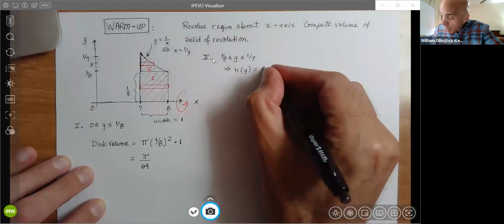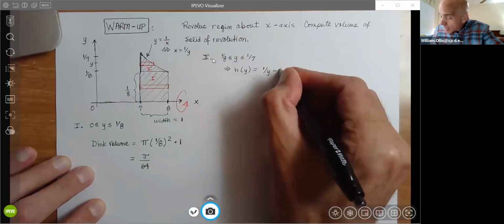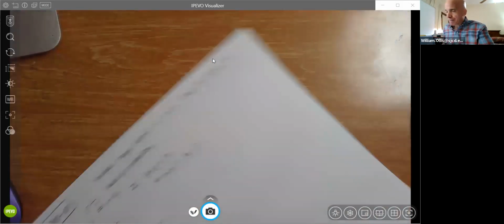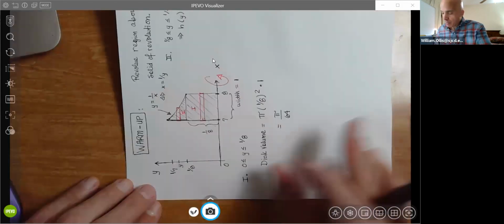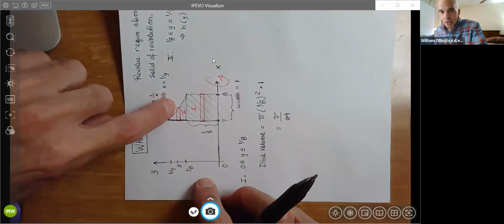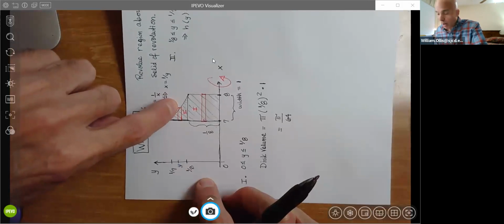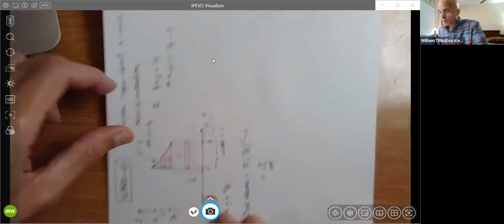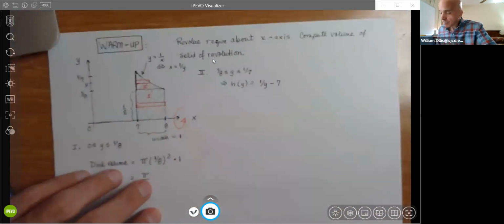So this is 1 over y minus 7. So again, if you like, you can think of it this way, where you put in the y, and the point here is 1 over y. And so the distance from here to here would be 1 over y minus 7. So that's another way of looking at it.